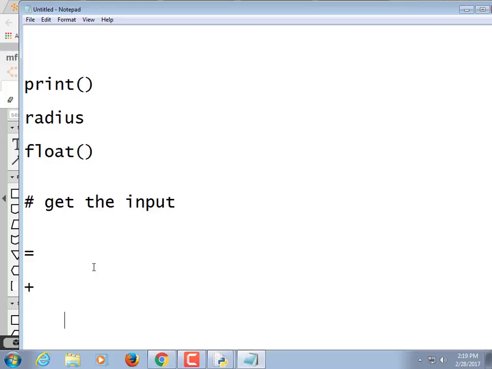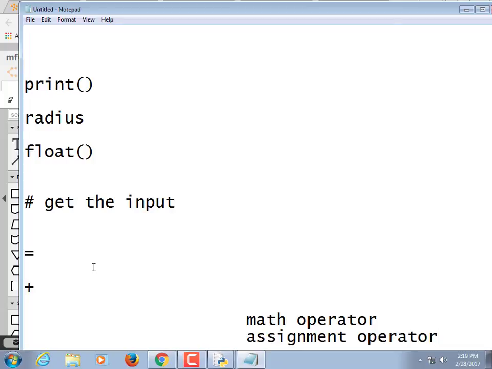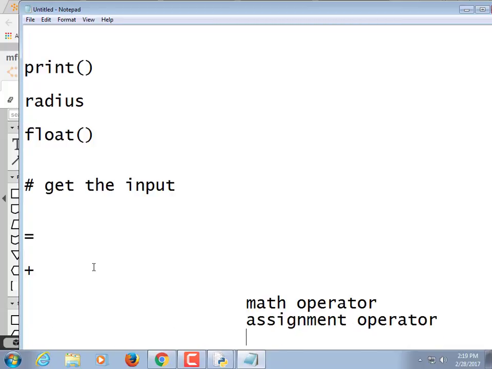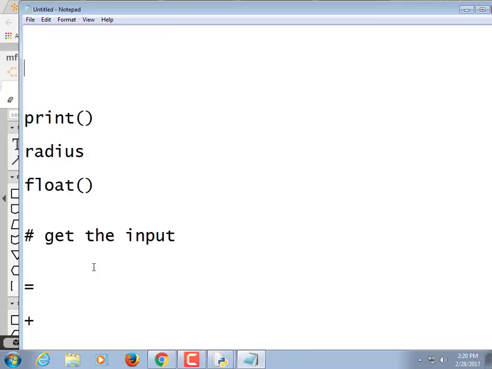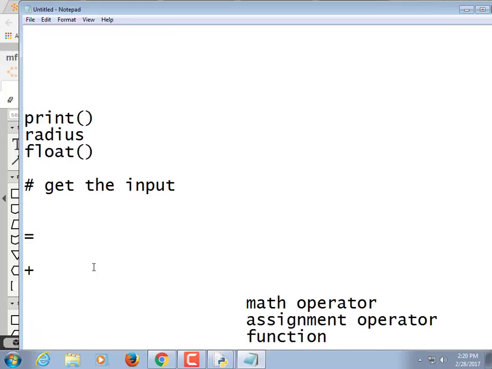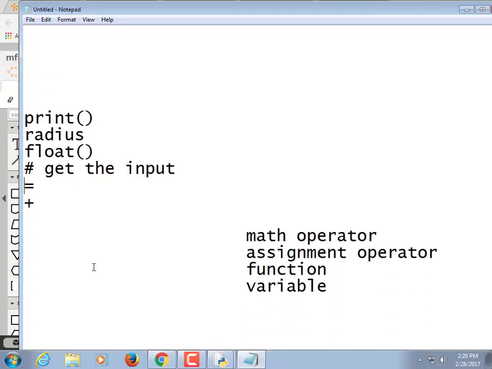And then your choices were math operator, assignment operator, function, variable. I forgot an important one on the exam. I may throw it in. And keyword.